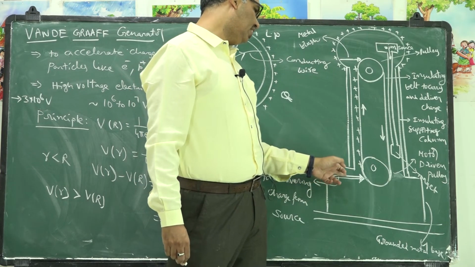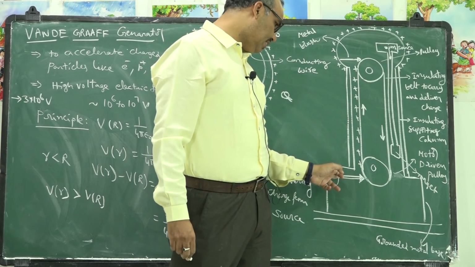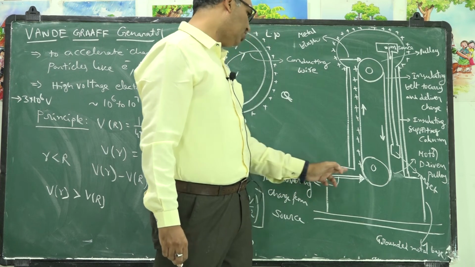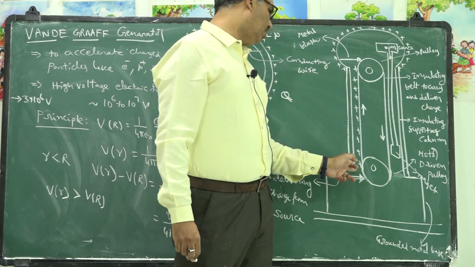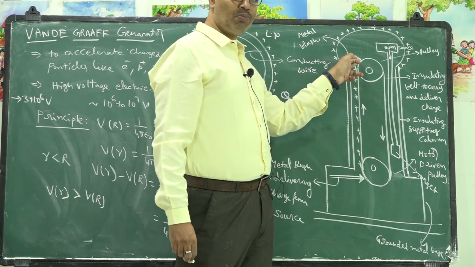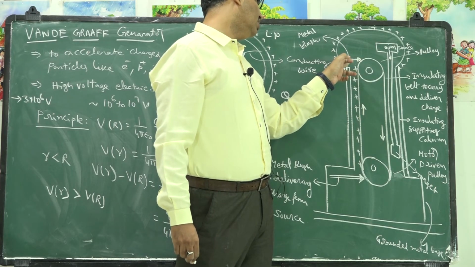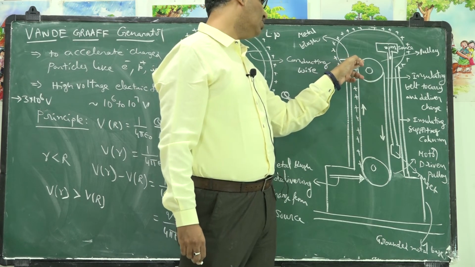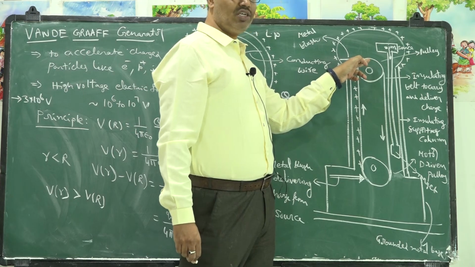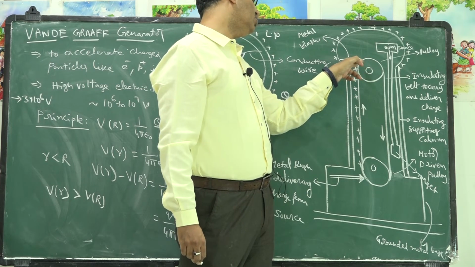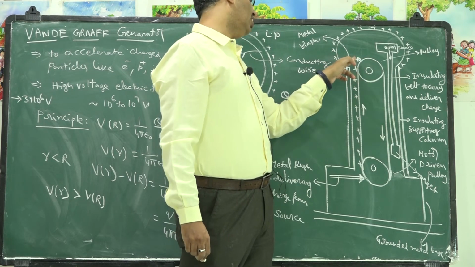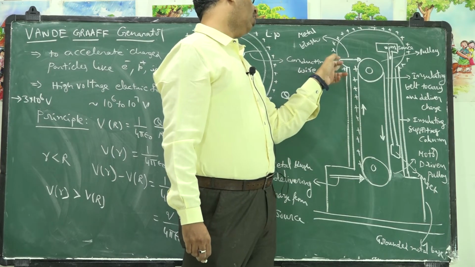From the high tension battery, the charge gets transferred through the metal brush onto the belt. The belt carries the charge up to the upper portion. Once it reaches here, another metal brush transfers the charge from this high potential region to the low potential region. The charge is getting transferred onto the outer shell.